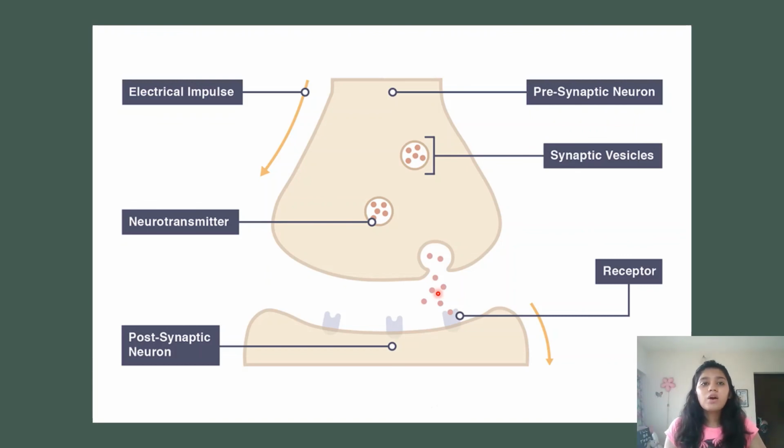Now, the last thing I want to tell you is the adaptations for neurons, which is in your syllabus. I only mentioned two earlier, so I just want to clarify and state all. One is that neurons are long, which means they can transmit impulses over long distances. Two is that synapses allow the unidirectional flow of impulses, because you have vesicles on one side and receptor molecules on the other side of a synapse.